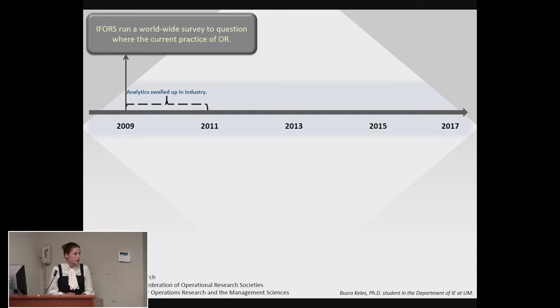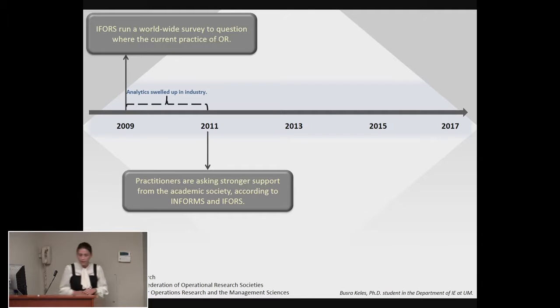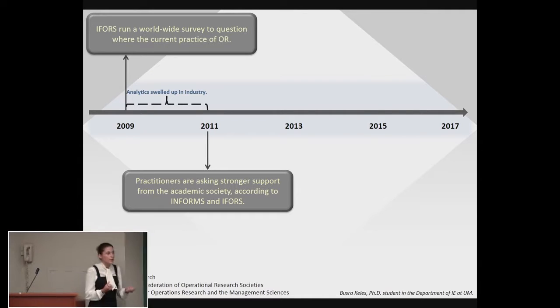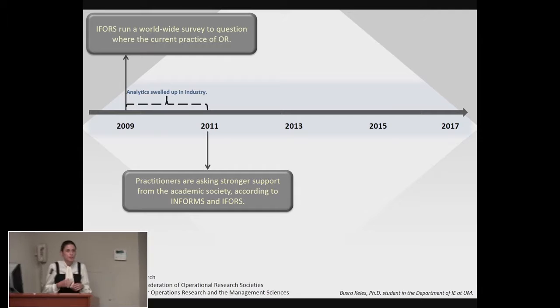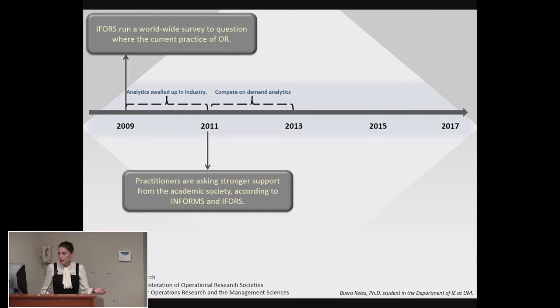Of course, it was a hit for academic research in the operations society. And in 2011, practitioners from the United States said to the scholars, what are you guys simply doing there? We have access to data, we are saving billions of dollars, and we need your help because you have the ability of critical and analytical thinking. But they were still competing on data analytics.